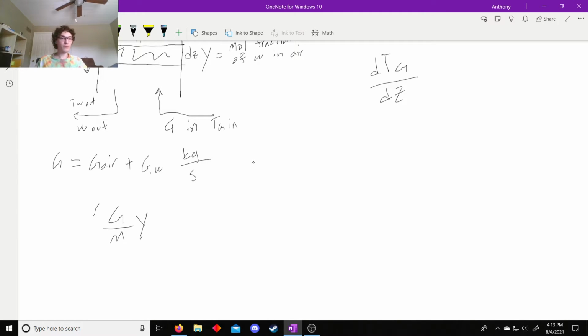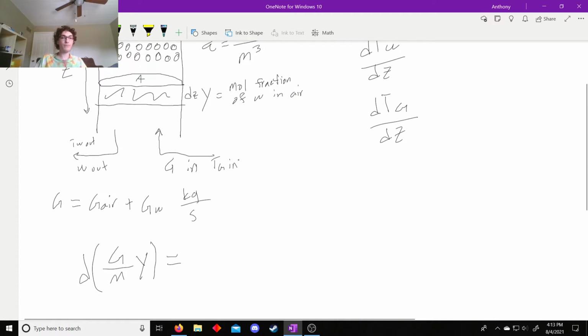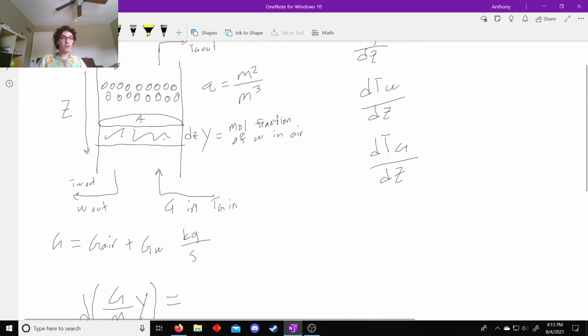So what we'll do is we'll say the change in the mole fractions of water is equal to what? Well, when we have our gas phase that goes in, there's going to be some change in how much water is in that gas phase by the time it comes out. And that change will be from evaporation, from this hot water coming down.